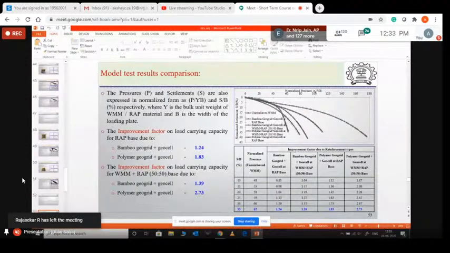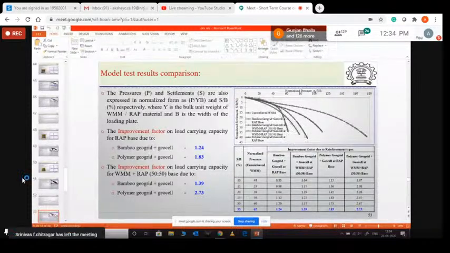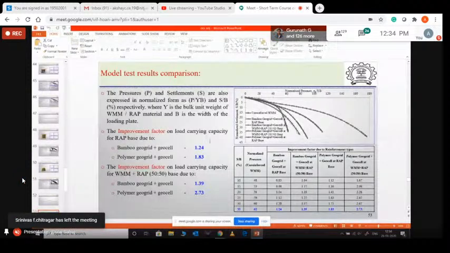Now, we have seen the improvement in load carrying capacity with respect to WMM material. Unreinforced WMM is this. If I use bamboo geogrid and bamboo geocell, my improvement in load carrying capacity is about 25%.